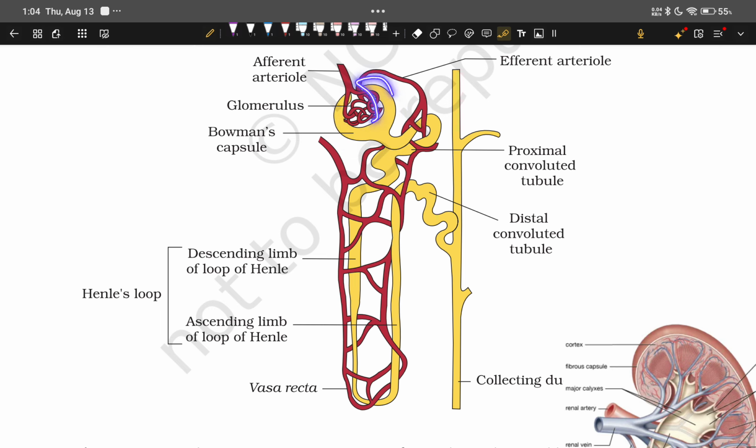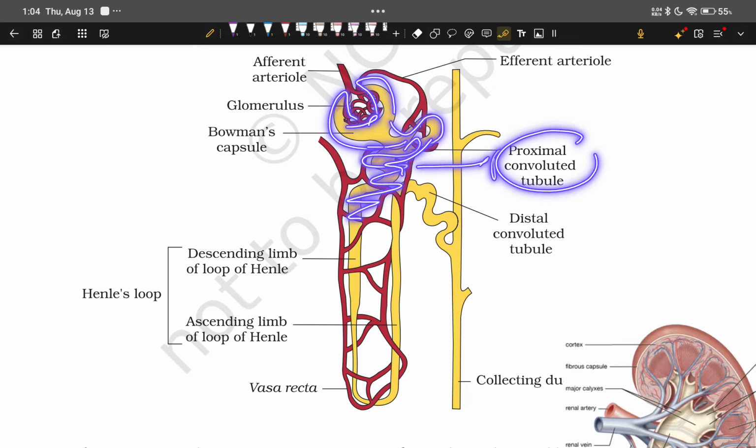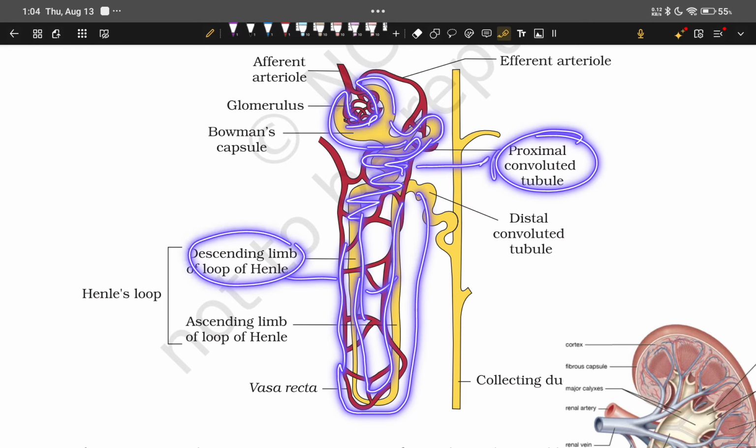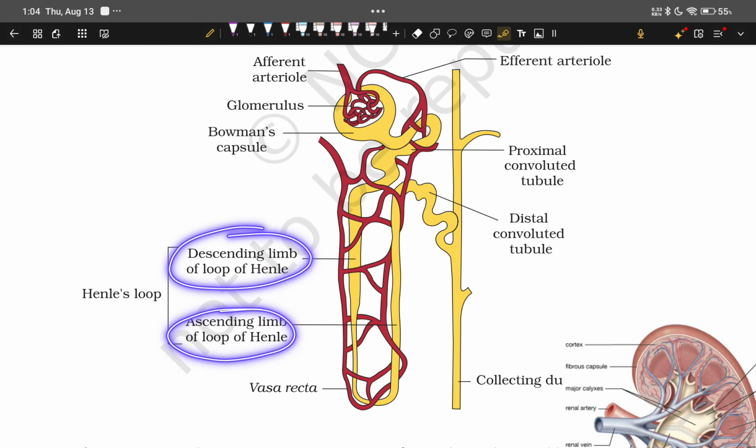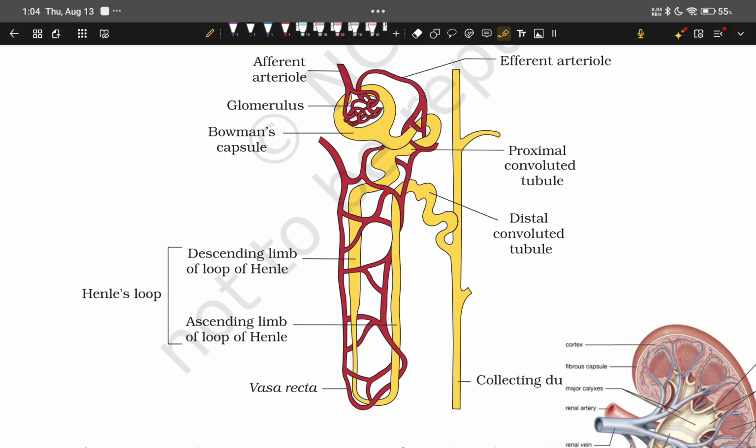This is the Bowman's capsule, and it continues as a coiled structure called PCT, and this PCT then forms a hairpin-like structure, which is the loop of Henle. So there is a descending limb and an ascending limb of the loop of Henle, right?